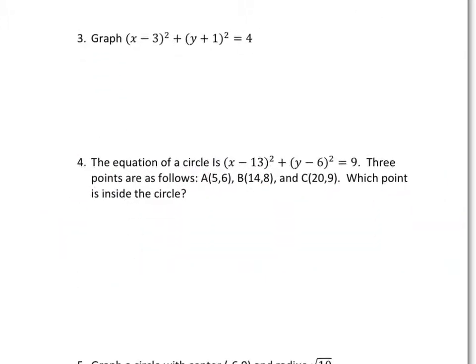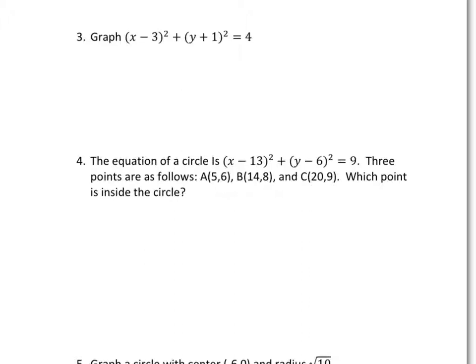Now we get the equation and we have to actually graph it. We have to remember the center of this circle is at the opposite of this, and the opposite of this, which are h and k. So we've got (3, -1) as the center, and r is the square root of this number right here, which is 2. So we need to plot this.